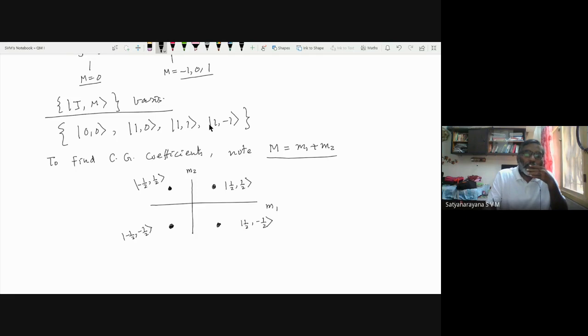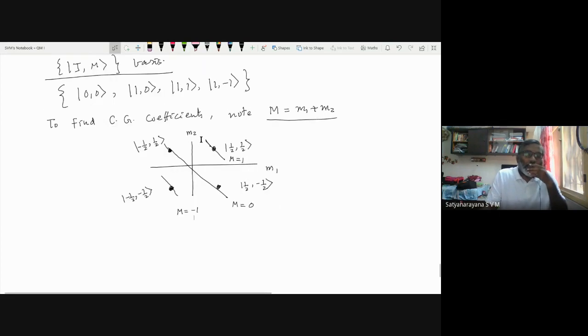Capital M equal to 1 is coming only from this point. So let's say this is the capital M equal to 1 line. Capital M equal to 0 can come from these 2 points, so this is the capital M equal to 0 line. Capital M equal to minus 1 will come only from this point. That is capital M equal to minus 1.